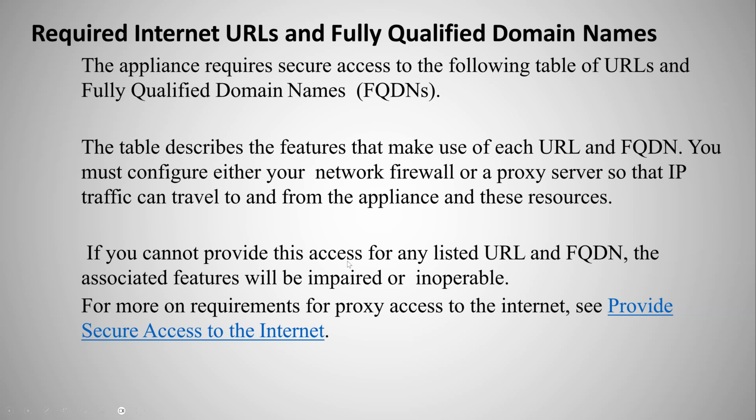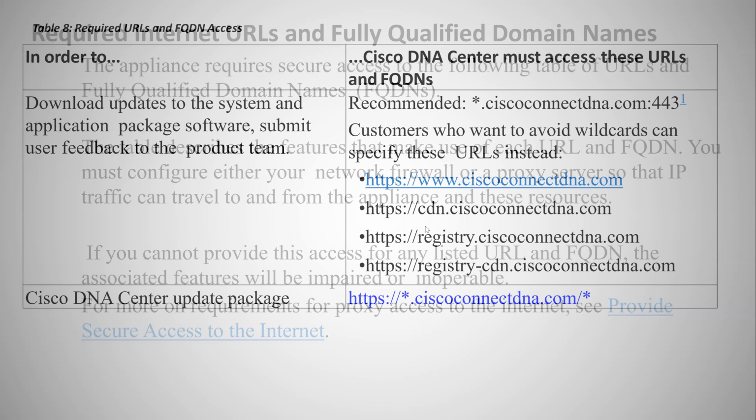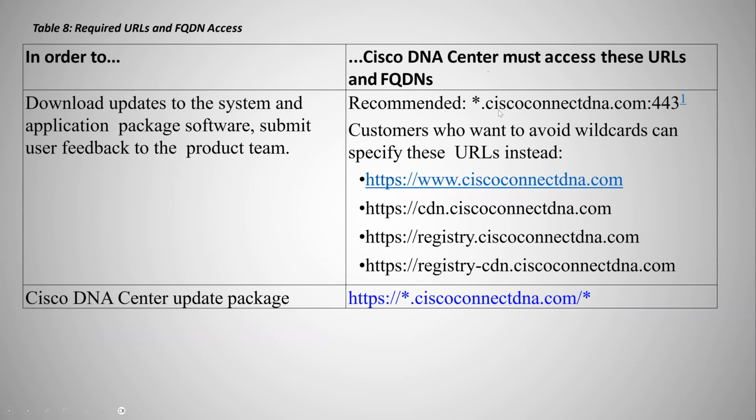Before powering on the device, Cisco recommends that since one of your ports is the cloud port, you should allow these URLs. You can see the list of URLs: Cisco Connect DNA, CDN registry, etc. Why? Because these are the places from where DNA can get the patches and updates.